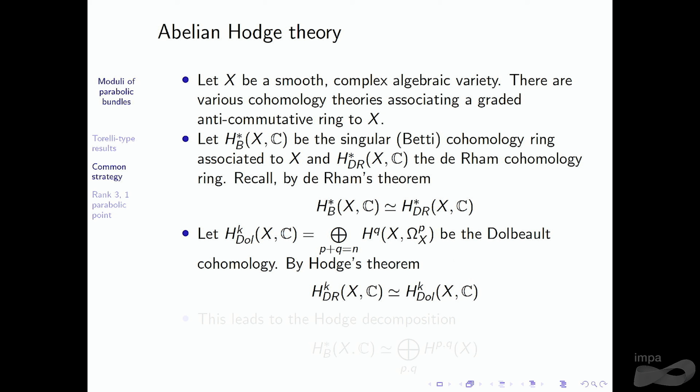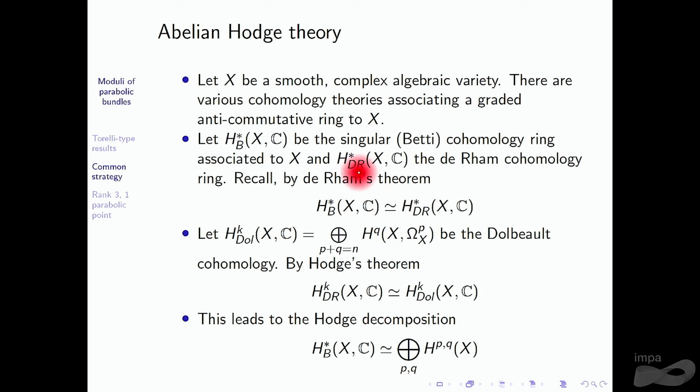When you put all of this together, since Betti goes to de Rham and de Rham goes to Dolbeault, I can write the Betti cohomology ring in terms of the Dolbeault cohomology, i.e. sheaf cohomology, and this is the Hodge decomposition.